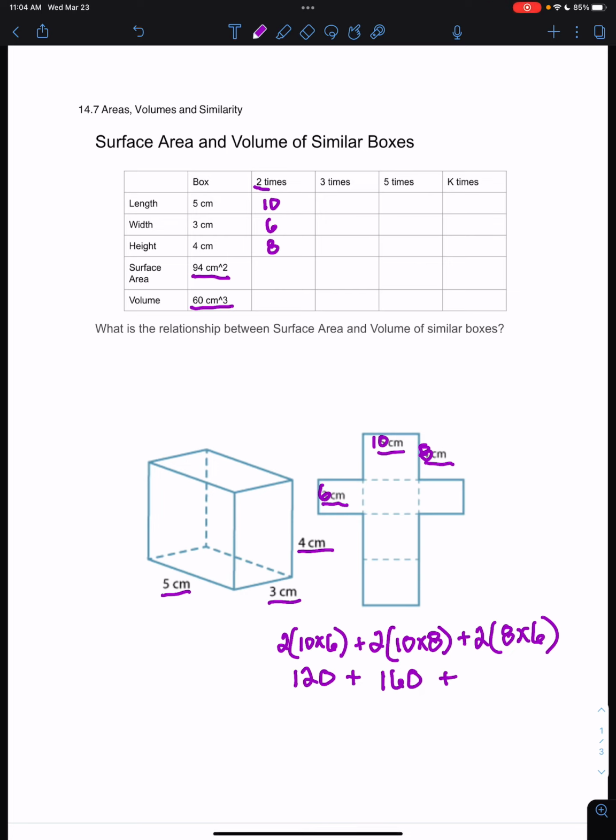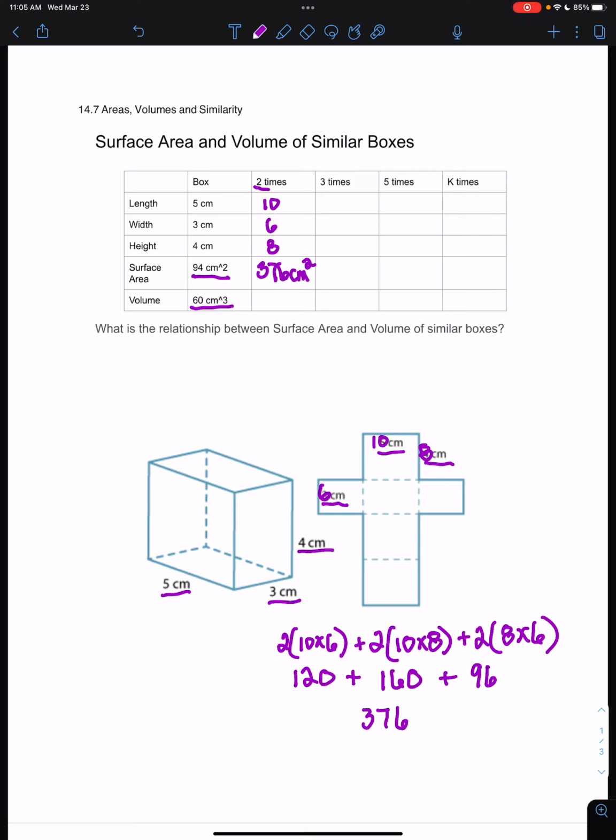Times 2, if you need your calculator, it is 96. So 96 plus 160 plus 120 gives us a total of 376 square centimeters.